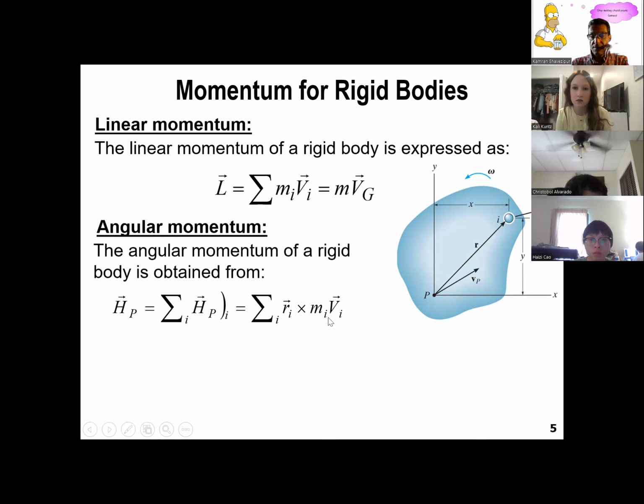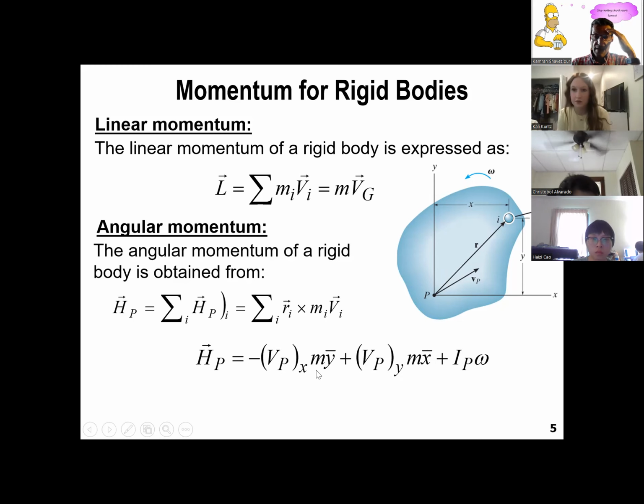And if you write ri in terms of x and y, expand it, and write the velocity vi in terms of velocity of P and cross product and all of that, and expand it, and the derivation is in the textbook, we're going to end up with this. H about P is vPx m ybar, minus vPy m xbar, plus I about P omega.